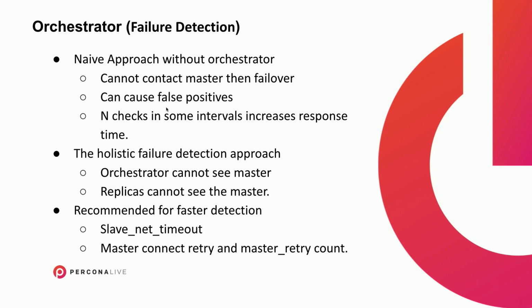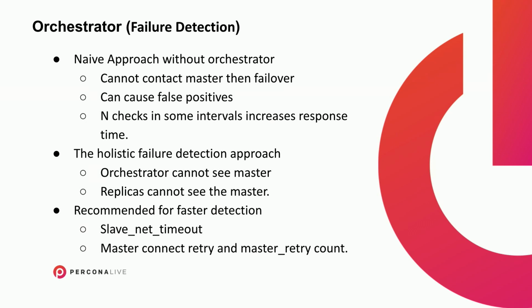The recommended settings for Orchestrator for faster detection are these. We should decrease the slave net timeout so that the replica comes to know as quickly as possible that the master is down and the failover will be detected. Along with that, master connect retry should be decreased and master retry count can be increased as much as possible.